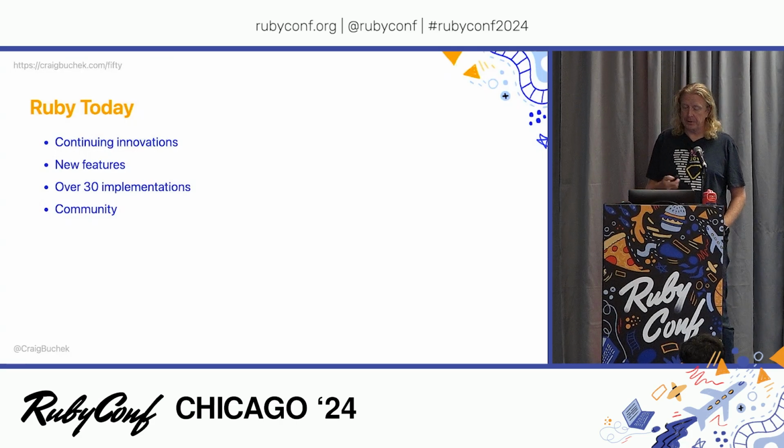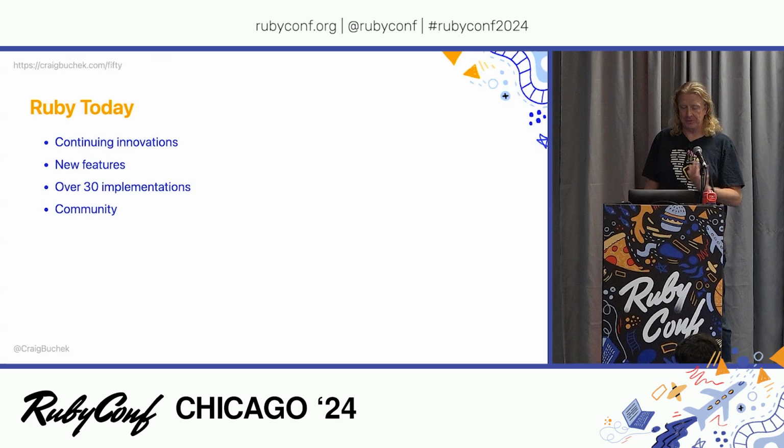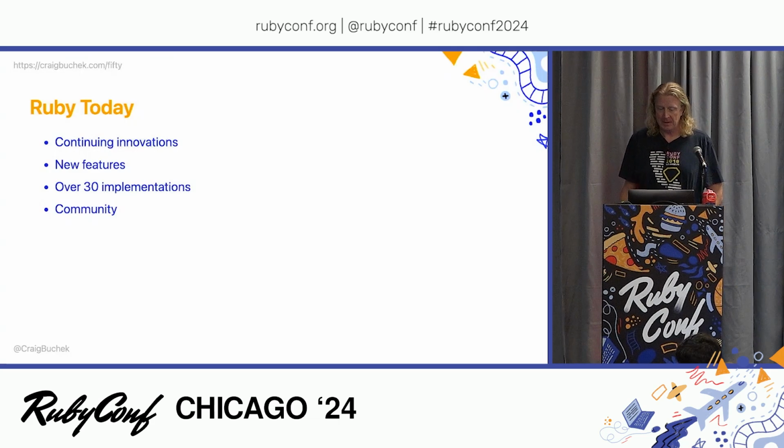But the community is learning how to use the features better over time. We learned how to use metaprogramming, and then we learned how not to overdo metaprogramming. And I've seen that in the community as well as individuals. It's interesting. The community is still strong. We got RubyConf, RubyKaigi, regional conferences.